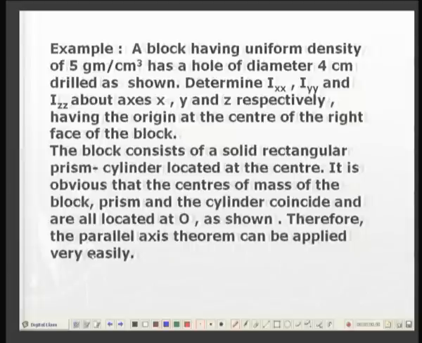So, I have already mentioned that the net body is the total rectangular body minus the cylindrical cavity. So, we can find out these moments of inertia and then by parallel axis theorem shift it to the new coordinate system whose origin is at A, the center of the right hand face.